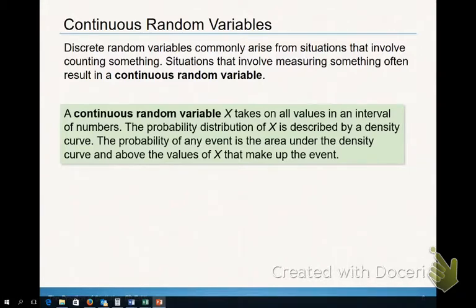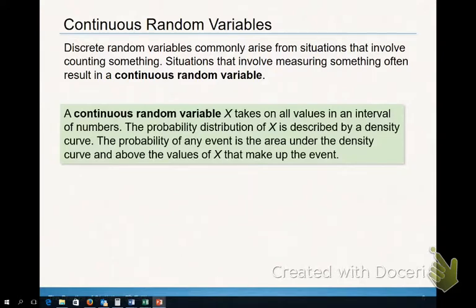The probability distribution of x is described by a density curve. Does that make any sense? Do you recall any density curves? The probability of any event is the area under the density curve and above the values of x that make up that event. Are you thinking back to when we made a bell-shaped curve, a density curve?